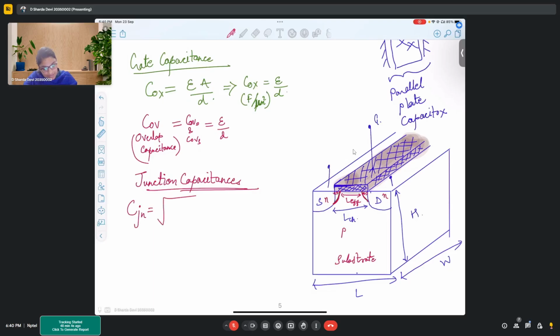So that formula is the square root of epsilon q Na Nd upon 2 times (Na plus Nd) into VBI.